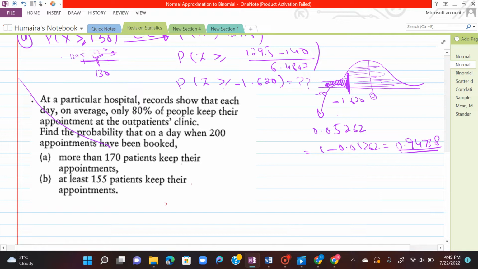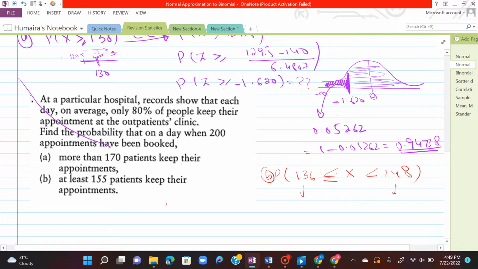B part, I'm doing it here. Probability of x greater than or equal to 136 but less than 148. Again, I have already checked the criteria and found mu and variance. Now I will apply the continuity correction.